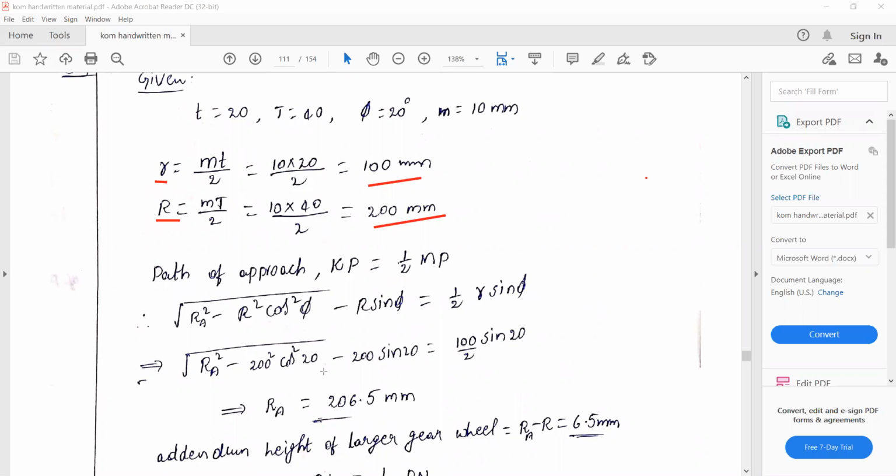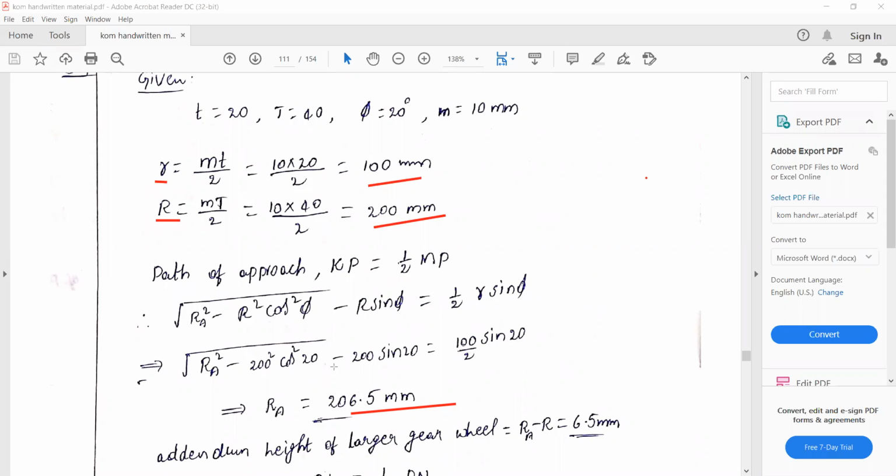Then we have only one unknown, Ra. When we make the calculation, the value of Ra arrives at 206.5.